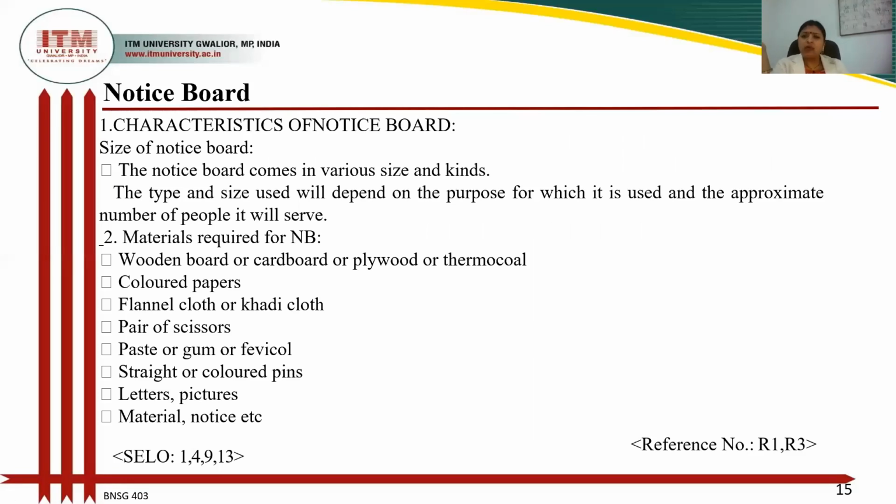We have seen bigger, medium, and small sizes. Depending upon the population or the strength of the classes, different notice boards are prepared and fixed. We see them in libraries, classrooms, and just outside offices. We have seen various types of notice boards in our day-to-day lives.